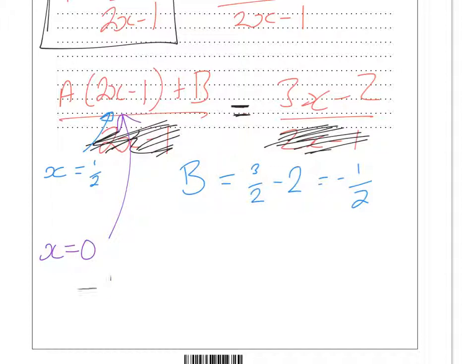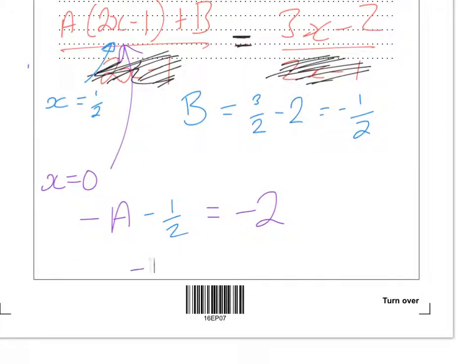And that gives me minus a plus b is equal to negative 2 from this side here when x is 0. And we know what b is, b is negative a half. So that must mean that negative a is equal to minus 2 plus a half, which is minus 3 halves. So a is 3 halves.